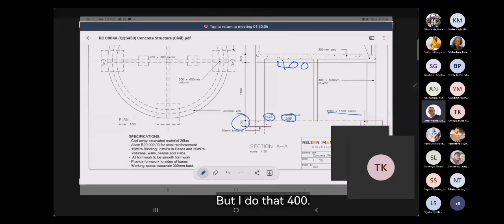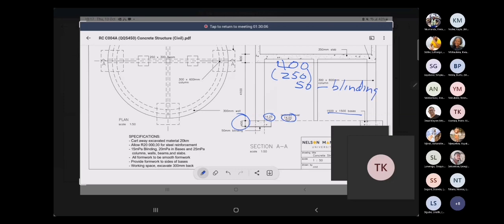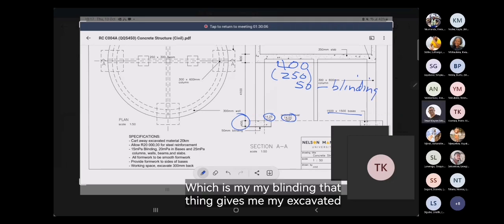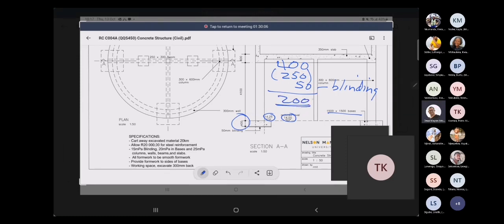What do I do with that 400? I deduct my 250. I add my 50, which is my blinding. And that then gives me my excavated depth of 200 millimeters. Do you all see that?